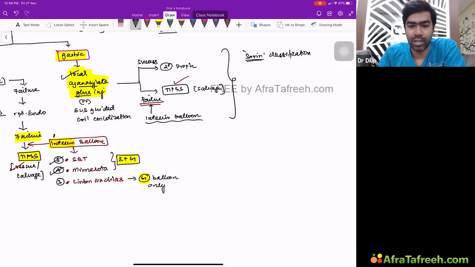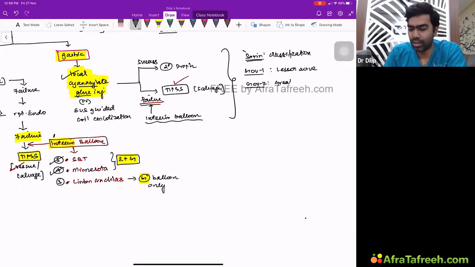Sarin's classification has 4 different types. One is GOV1, gastroesophageal varices 1, where the gastric varices are on the lesser curve. Then you have GOV2, gastroesophageal varices 2, where you have the varices on the greater curve of the stomach.